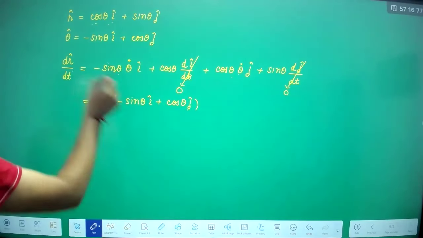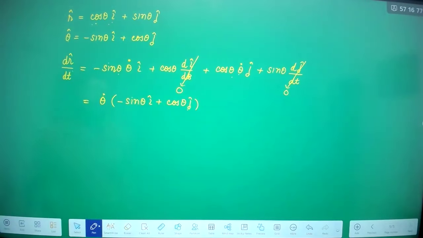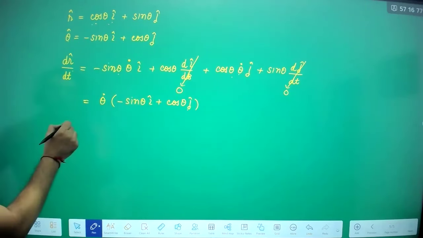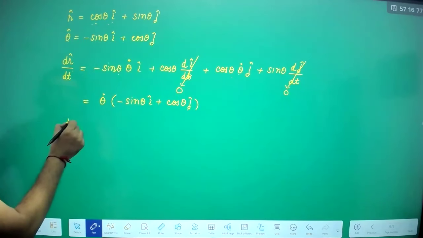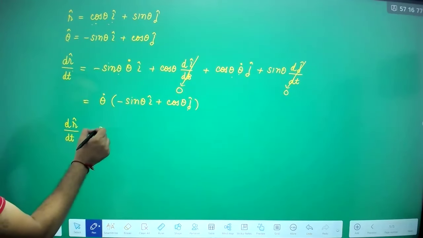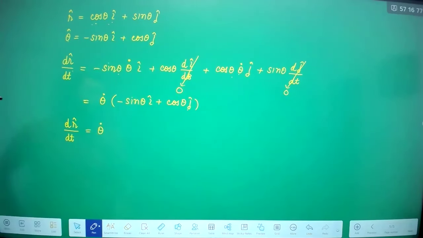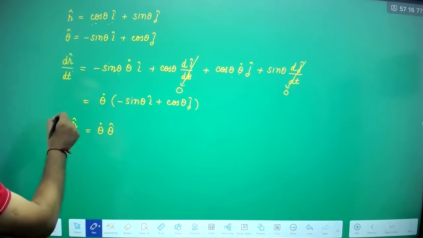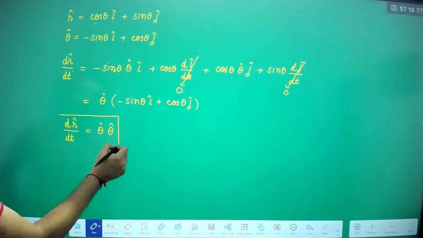This in the bracket is the definition of theta cap. Whatever is in the bracket here is theta cap. If you look at this, it is minus sin theta i cap plus cos theta j cap. So dr cap by dt will be theta dot, and this will be theta cap. So this will be dr cap by dt.